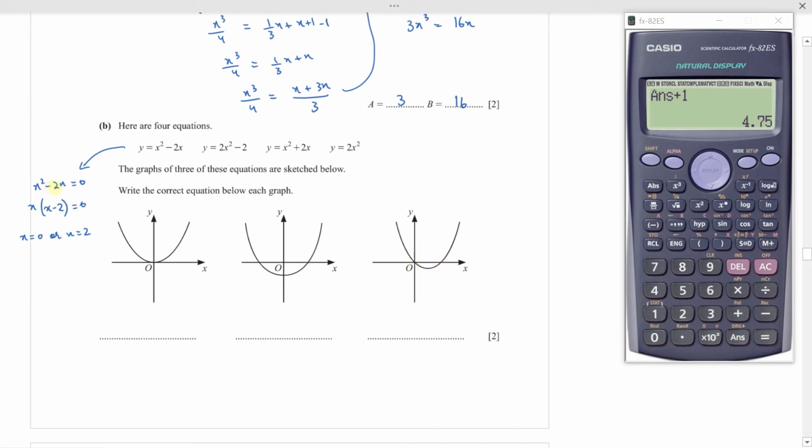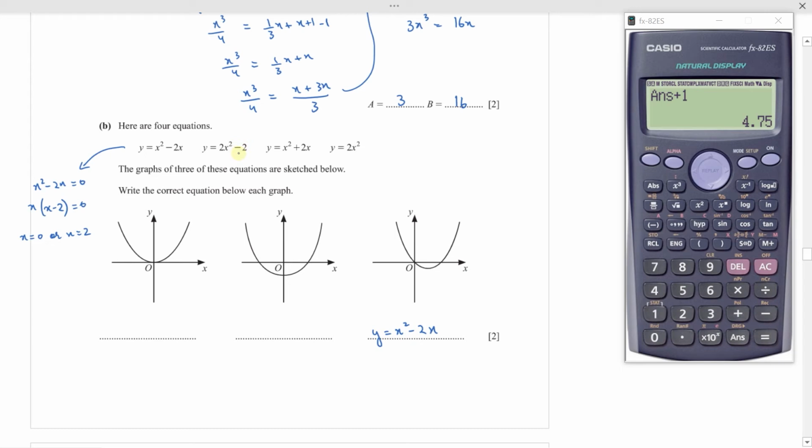If you substitute x equals to 0 here, your y value will become 0 as well. So 0 minus 0 will be 0. So y value is 0. So that means it's passing through the origin. And then the other x-axis intercept is at x equals to 2. So that means for this equation, the curve is this one. So I can write x squared minus 2x here. Y equals to x squared minus 2x.